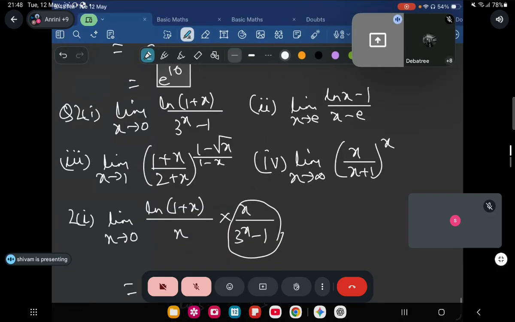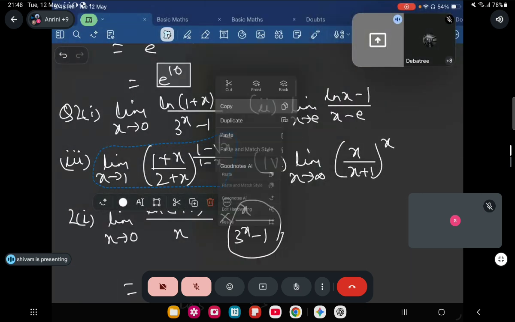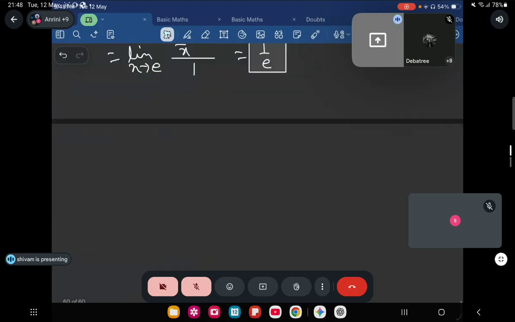Okay, part 3, everyone. When you substitute x equal to 1, this is not 1 to the power infinity form. But see, the power is an indeterminate form, so that we have to remove.